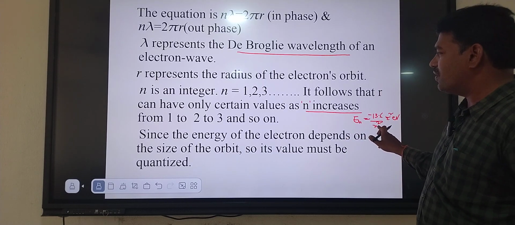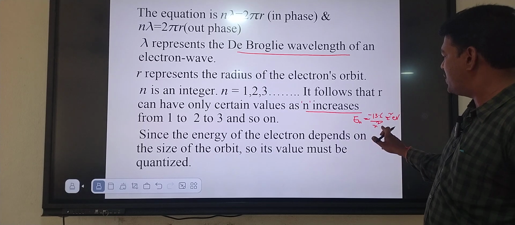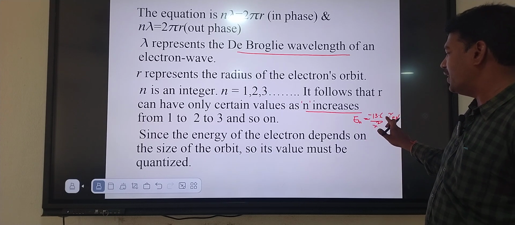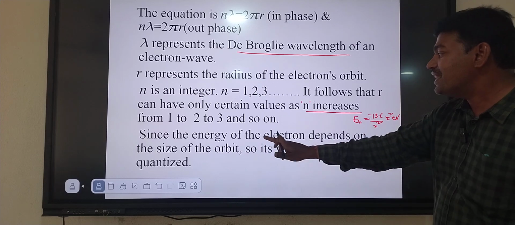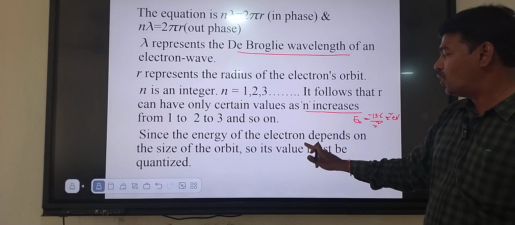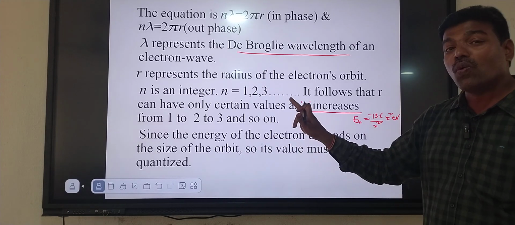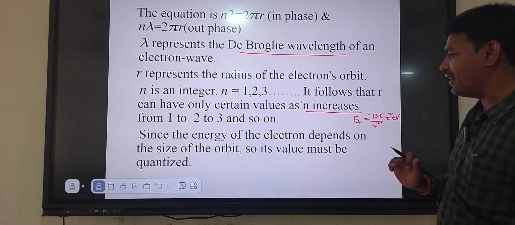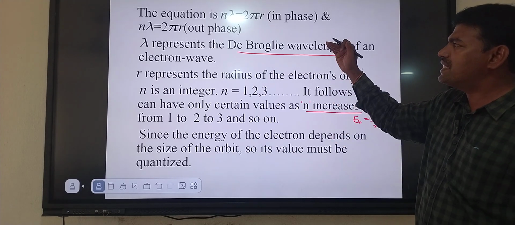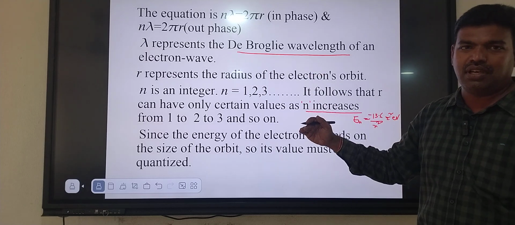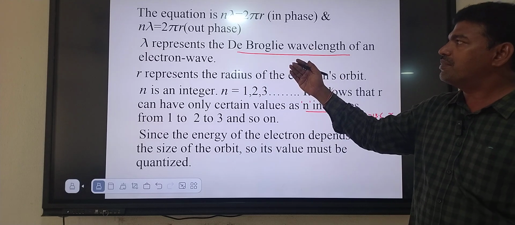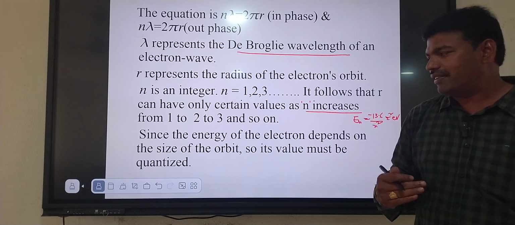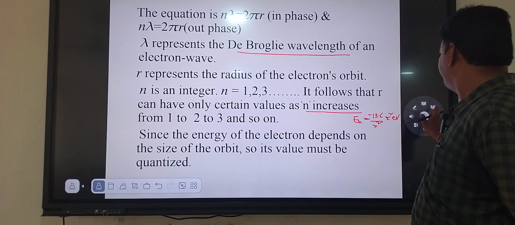From this equation we can conclude that the energy of the electron depends on the size of the orbit, so its value must be quantized. These are the terms in this equation. Now let us go further.